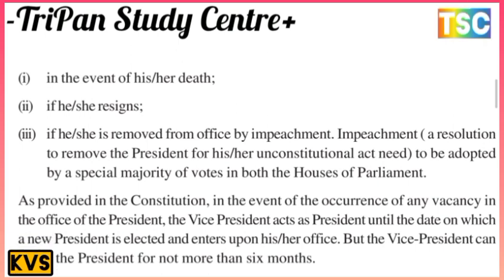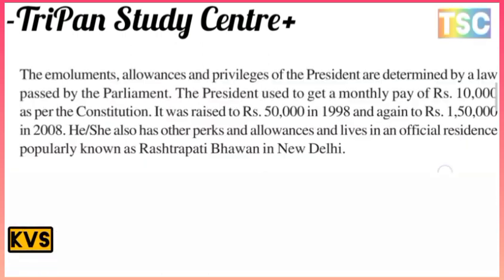In the event of any vacancy in the office of the president, the vice president acts as president until the date on which the new president is elected and enters upon office. But the vice president can act as president for not more than 6 months.